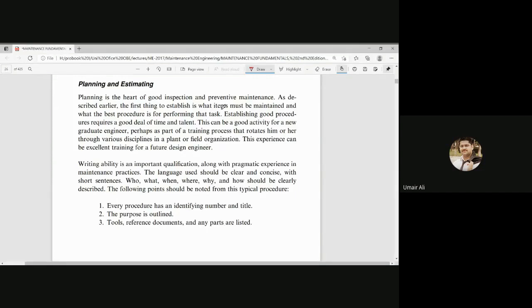Okay, so let's start planning and estimating. Planning is basically the core parameter of any preventive maintenance program. As described earlier, the first thing to establish is what items must be maintained. So you should be sure about what is going to be maintained and what the procedure is to do it.